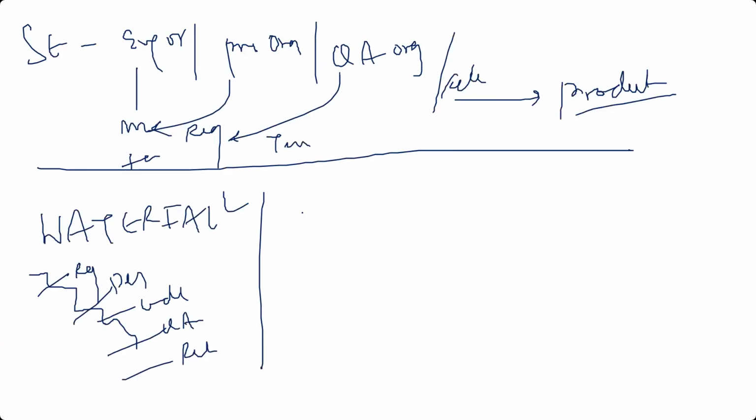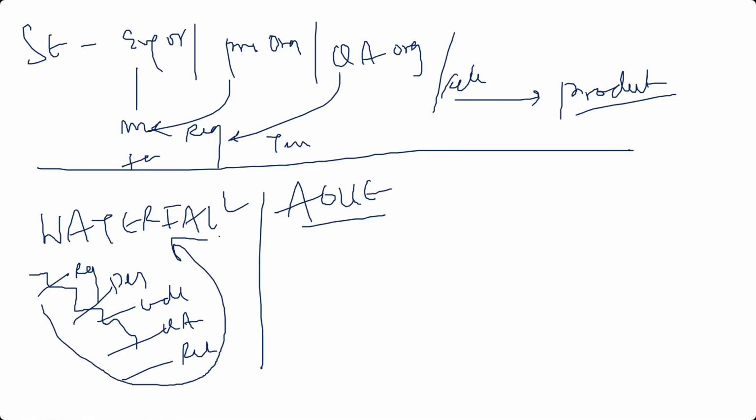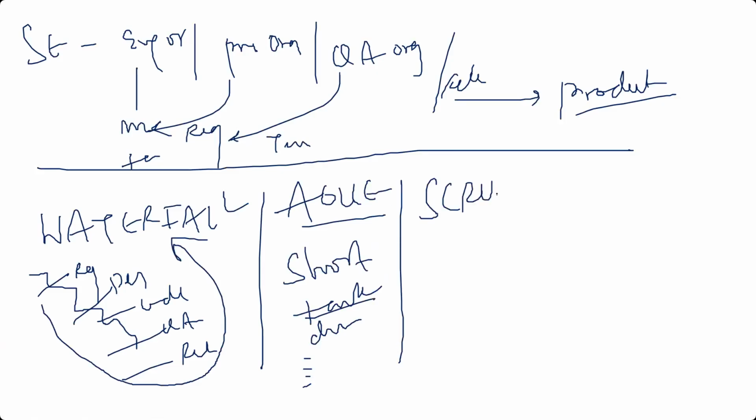And there are other approaches like agile, where you don't need to wait for the entire process to complete, but you do it in shorter tasks, shorter durations, so that you deliver in pieces. Then you have another approach called Scrum, a variant of Agile, where you organize your work by grooming stories.